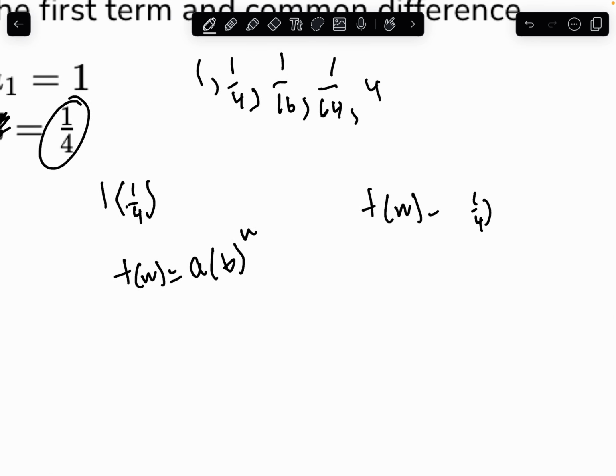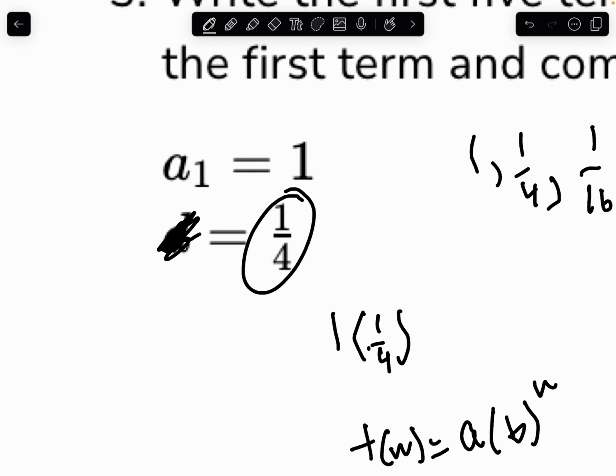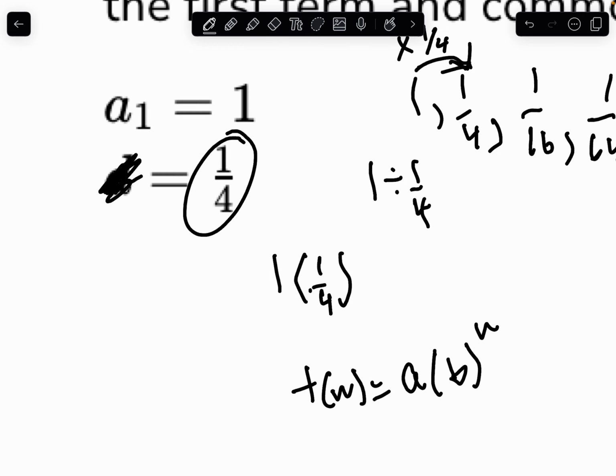A is the 0 term. Now to find our 0 term, we gotta do 1 divided by 1/4, because it's multiplying by 1/4 here. So to go backwards, we're gonna have to divide.